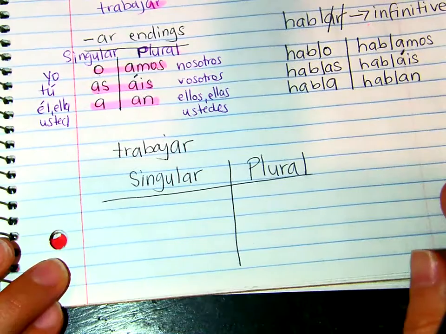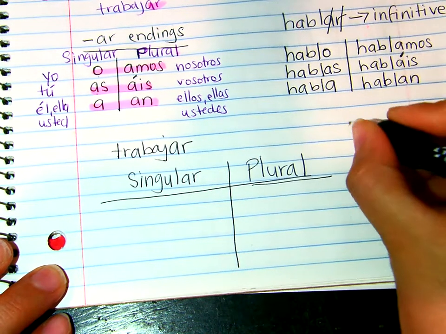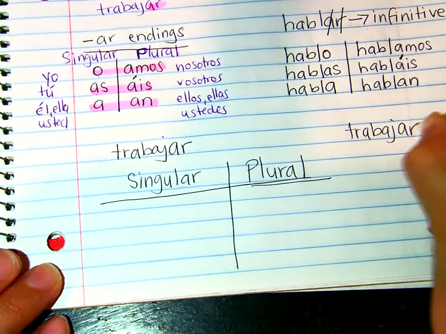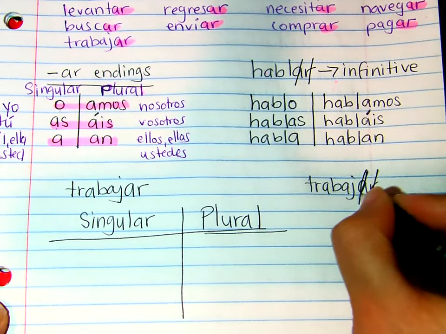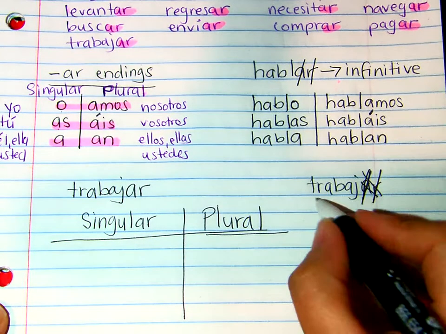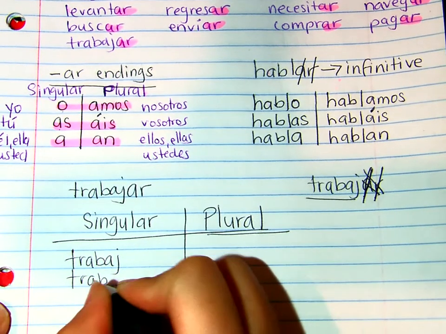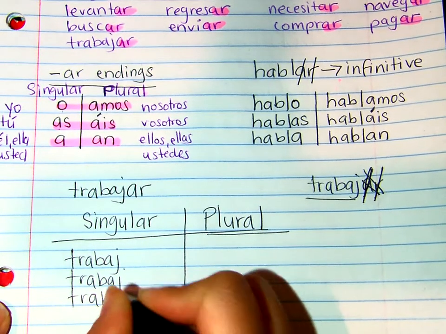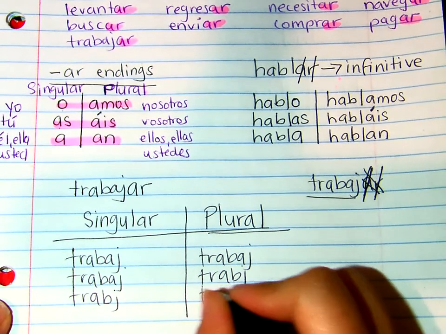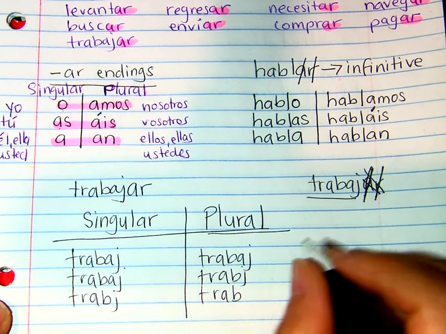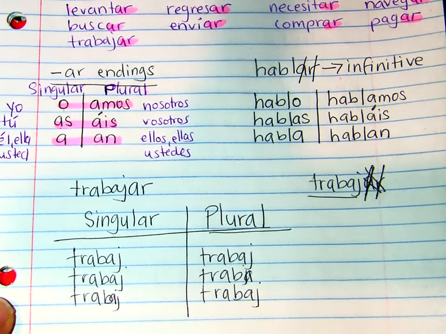And the rule is you drop the ending. AR is the ending. You get rid of that ending. You're only left with this: trabaj. You're only left with that, right?